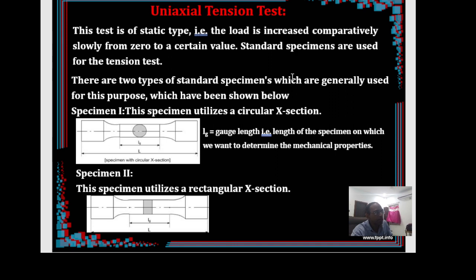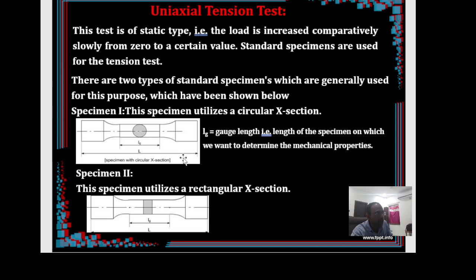This is basically a static type of test, conducted on any one of these specimens. One can take a rectangular cross sectional specimen or a circular cross sectional specimen. The specimen has to be made in this form.